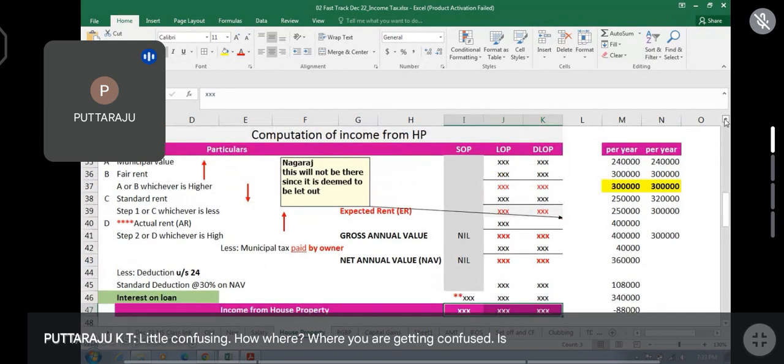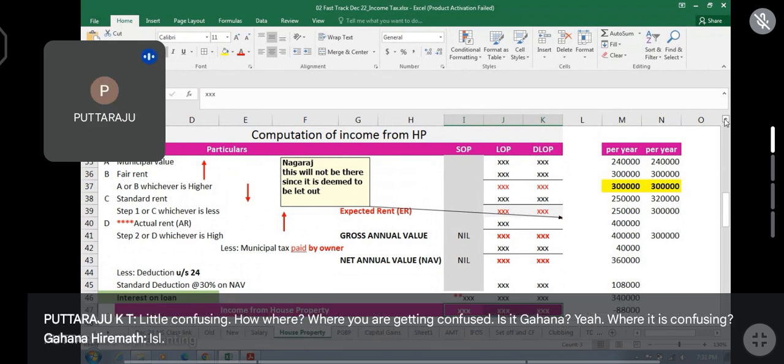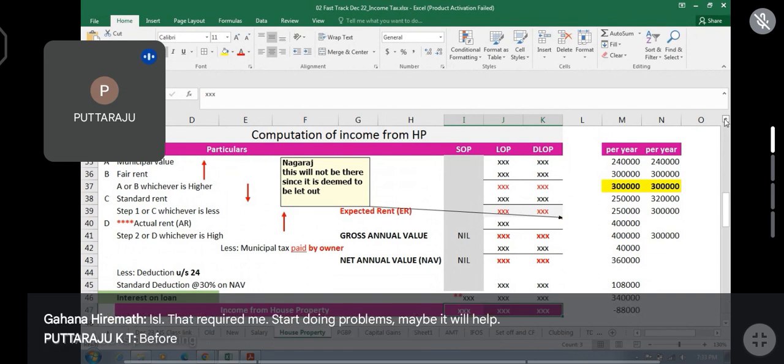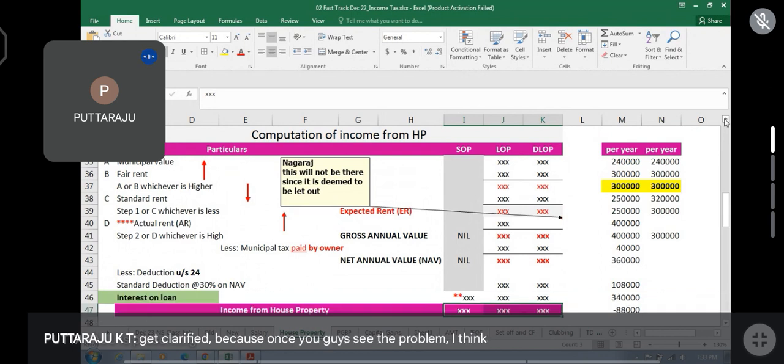Is it Gahana? Yes, sir. Where is it confusing? I think when we start doing problems, maybe it will help. Before that only, please clarify. Get clarified, because once you see the problem, I think you will lose track of where it is getting confused.